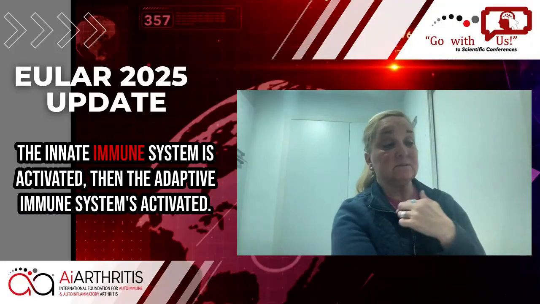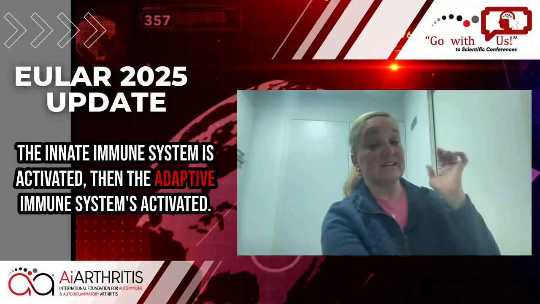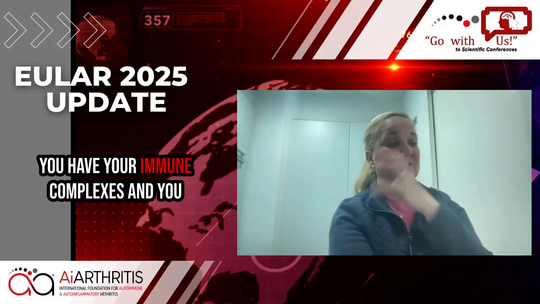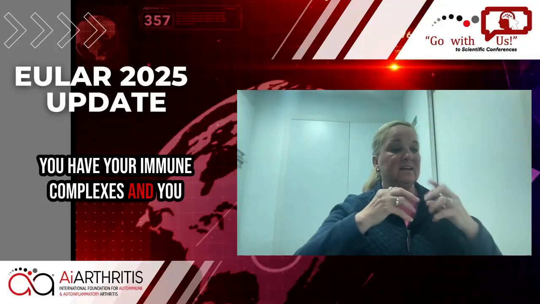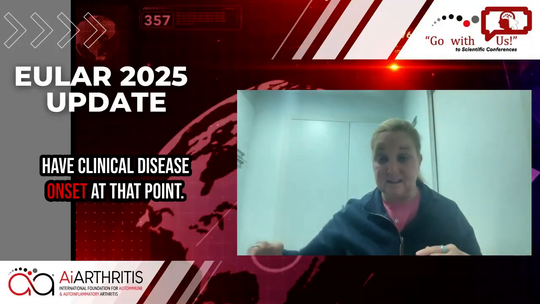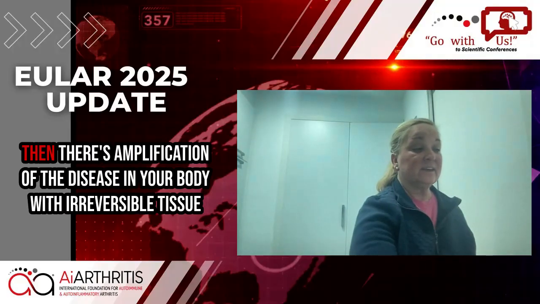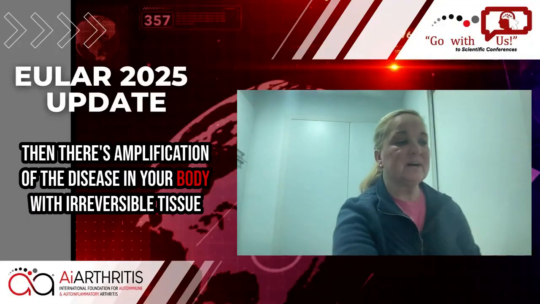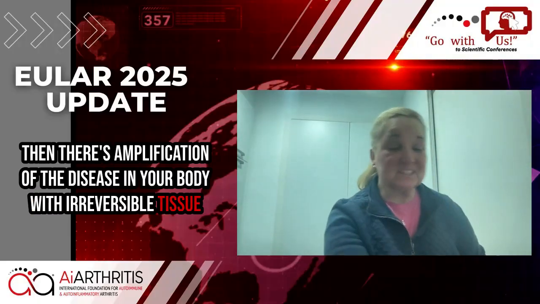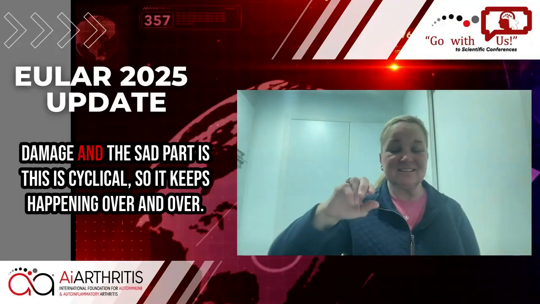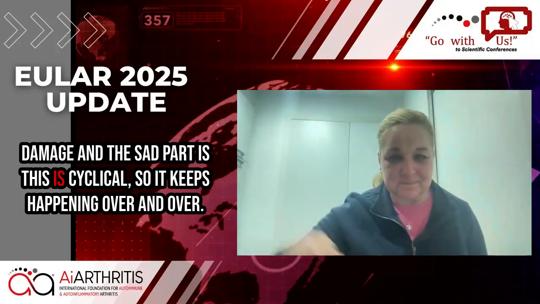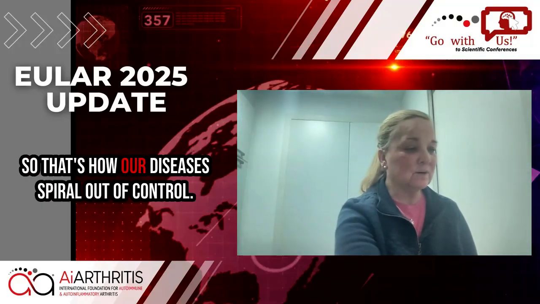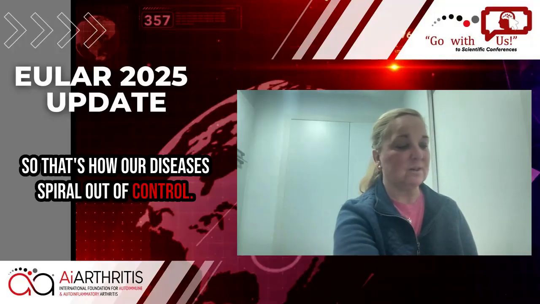The innate immune system is activated, then the adaptive immune system is activated. You have your immune complexes and you have clinical disease onset at that point. Then there's amplification of the disease in your body with irreversible tissue damage. And the sad part is this is cyclical, so it keeps happening over and over. So that's how our diseases spiral out of control.